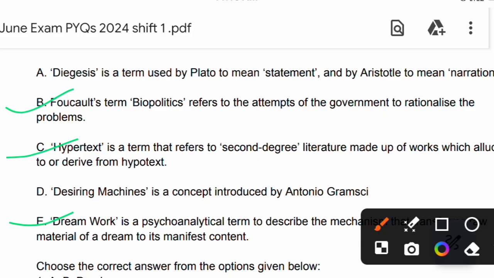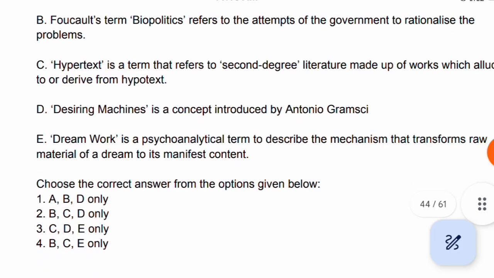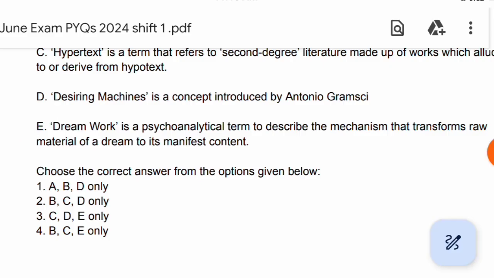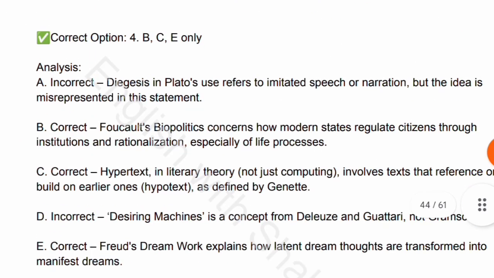Hypertext is a term that refers to second degree literature made up of works which allude to or derive from hypertext. And E, dream work is a psychoanalytical term to describe the mechanism that transforms the raw material of a dream to its manifest content. So these are the correct statements. Let's move on to the next question.